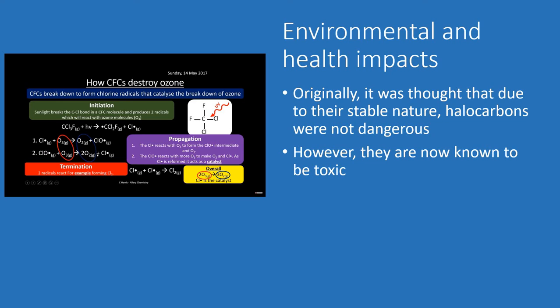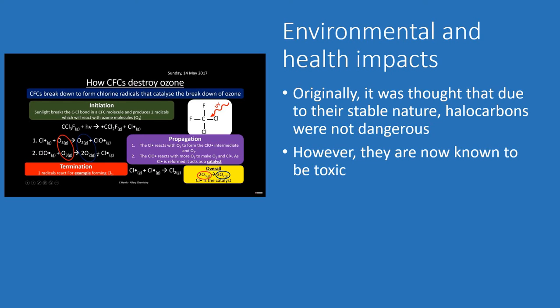This ClO free radical will form another chlorine radical, and then in termination we see that these 2 radicals react. So in this case the Cl free radical is reformed and it acts as a catalyst.